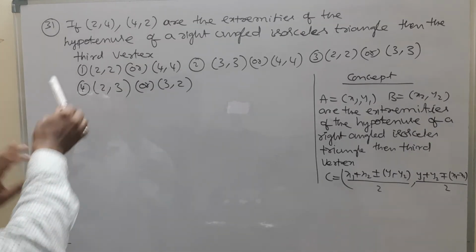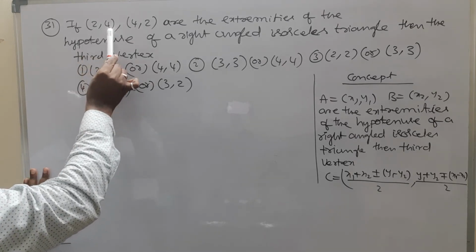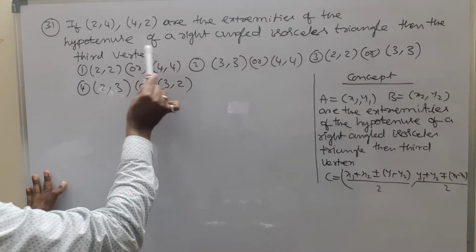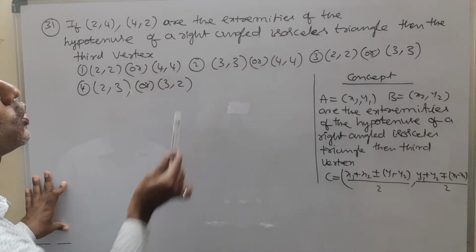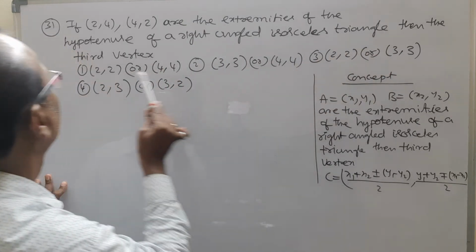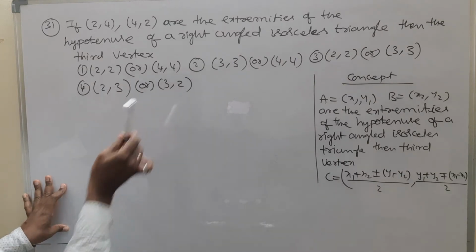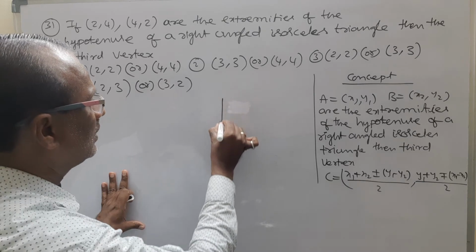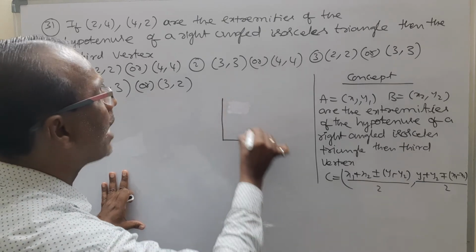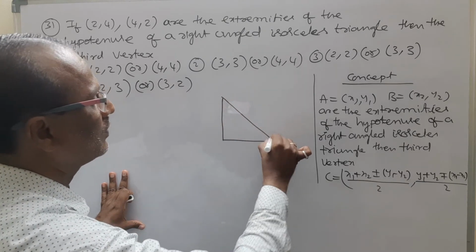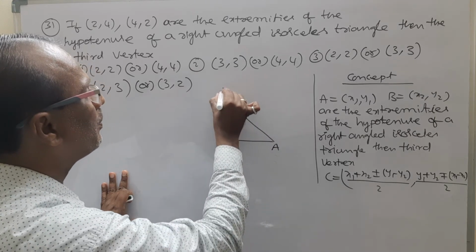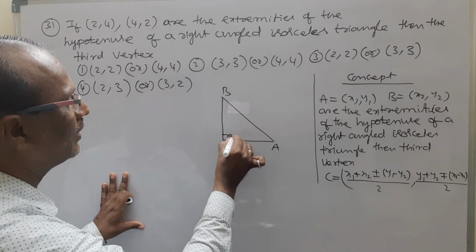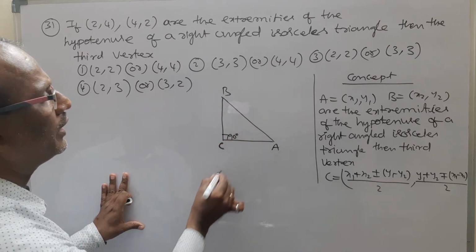Question number 31. If (2, 4) and (4, 2) are the extremities of the hypotenuse of a right angled isosceles triangle, then find the third vertex. These are the four options. Here this is the right angled isosceles triangle. A, B are the extremities of the hypotenuse, and this is the 90 degree point.